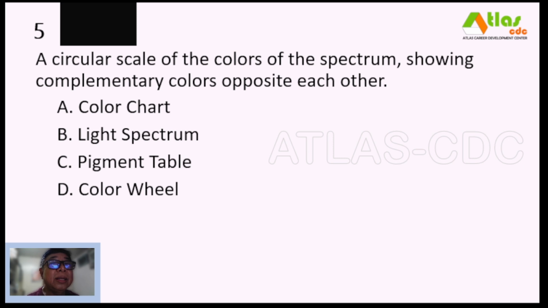And number 5, a circular scale of the colors of the spectrum showing complementary colors opposite each other. A. Color chart, B. Light spectrum, C. Pigment table, and D. Color wheel.